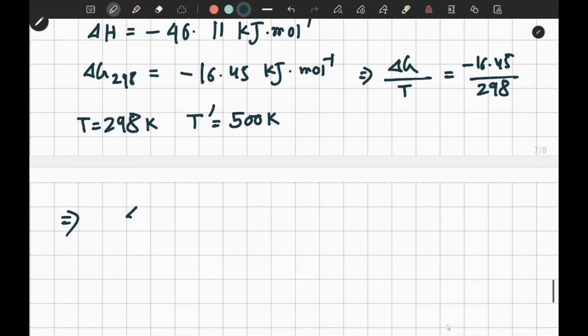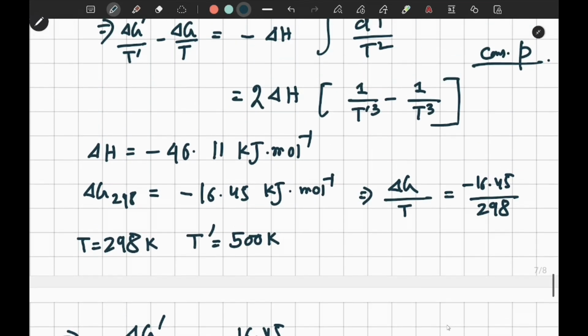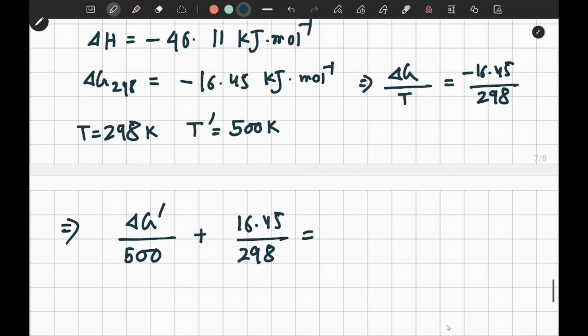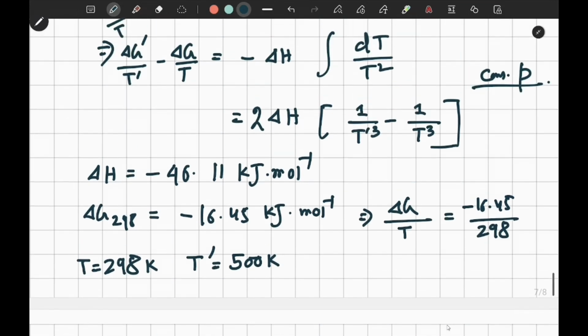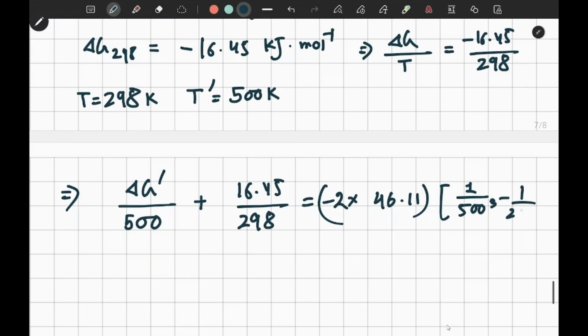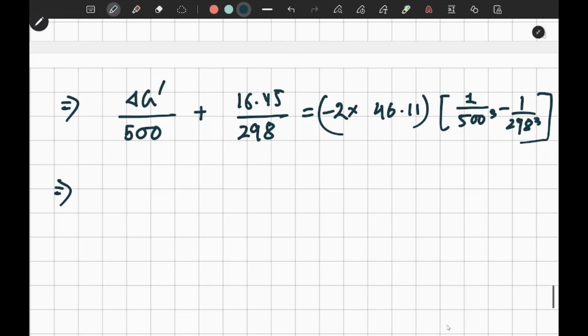So delta G prime by 500 Kelvin, minus, it will be plus 16.45 by 298, equals 2 delta H, so 2 into minus 46.11, into 1 by 500 cube minus 1 by 298 cube. So we have to solve it. Then we can obtain that delta G prime. That was the thing asked in the question.